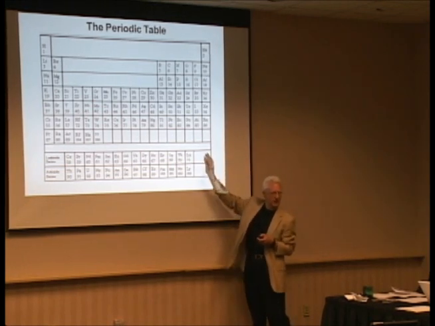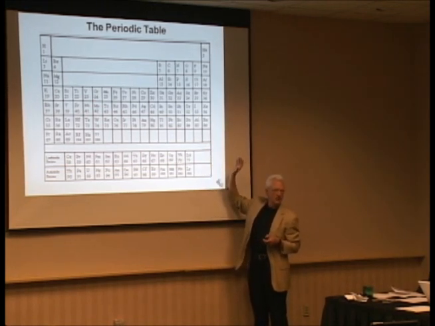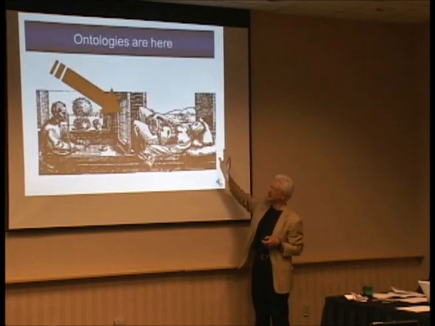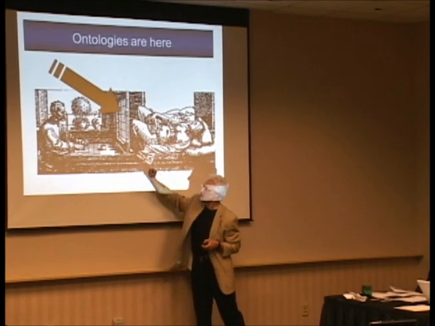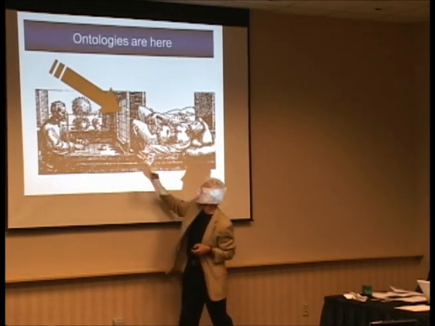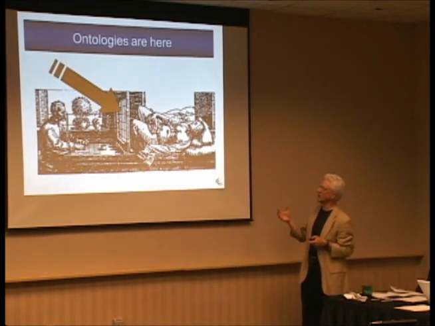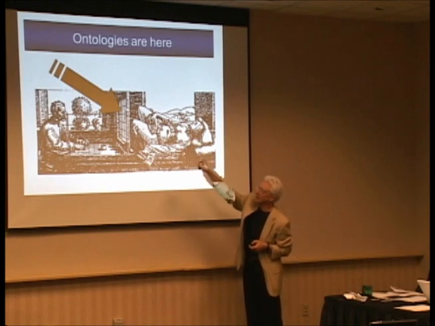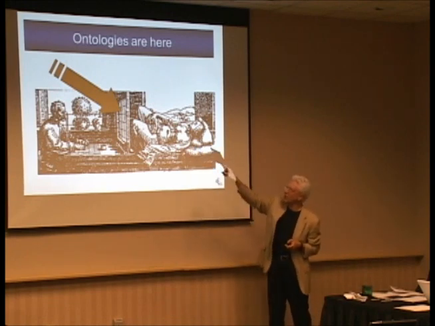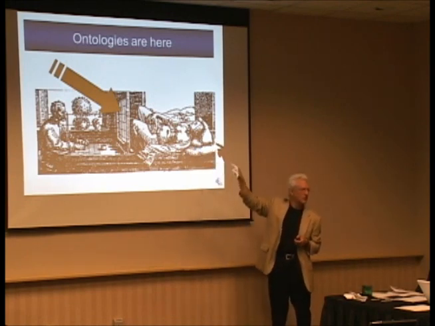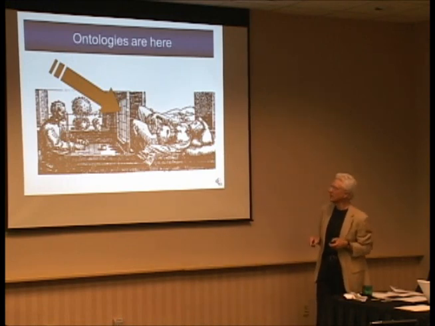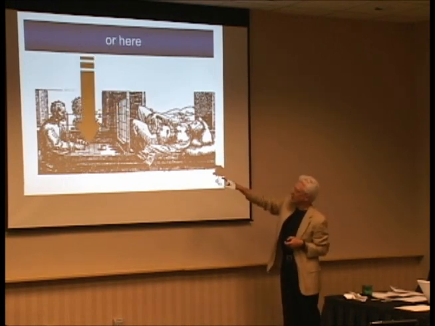So this is a kind of sophisticated pair of spectacles. And that's how the ontology should be conceived of. It's a way of viewing reality, a common way of viewing reality. You label the boxes in such a way that everybody can know what you're looking at when you tell them that you're looking through a certain box. So the ontology is here or it's here.